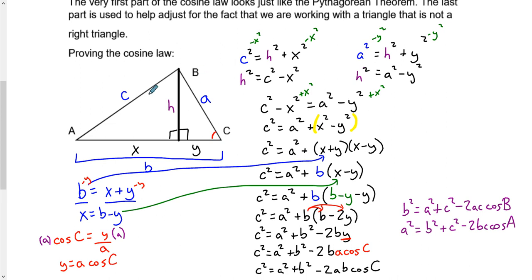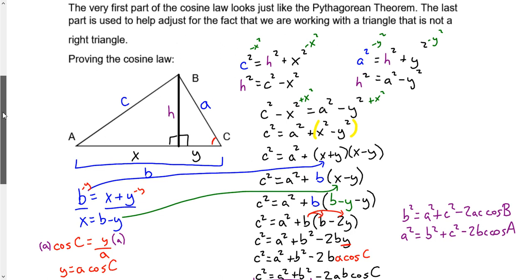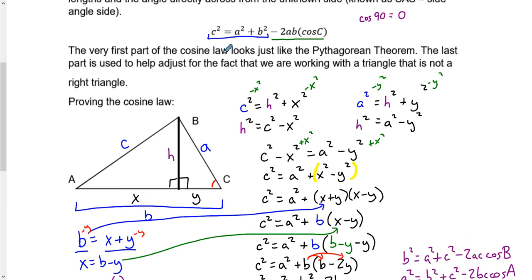So whichever way I had labeled this, the formula may have come out a little bit differently. All three forms are perfectly acceptable. I traditionally stick with this one for the simple reason that this first part looks like the Pythagorean theorem. And it's just a lot more commonly known. But what you must know about the cosine law is that this side is across from this angle. You have to know that.